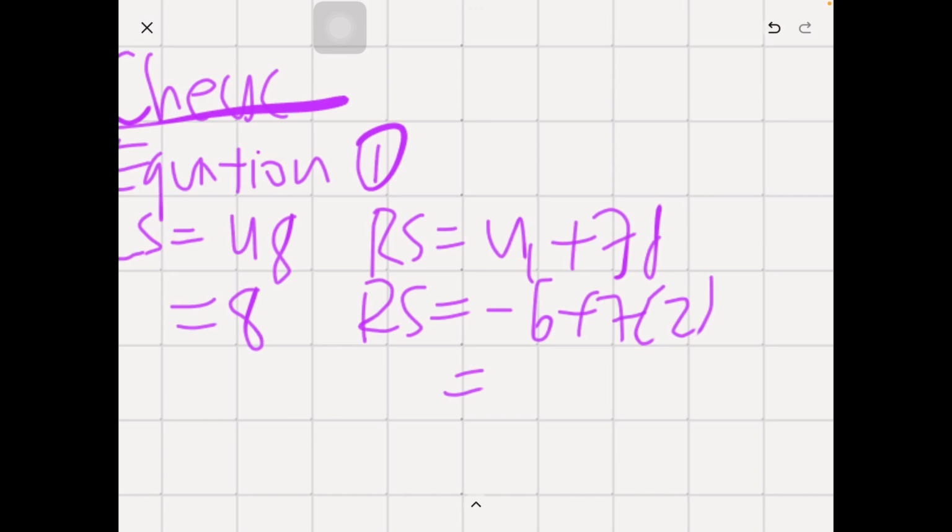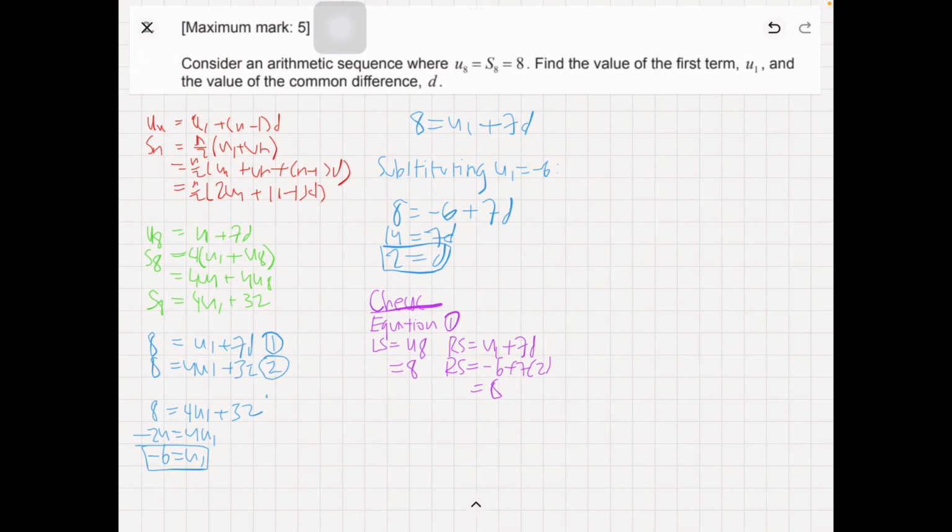So this would also be equal to 8. And you could also check equation 2, but I think checking one equation is probably enough. So I will leave you to check equation 2 for yourself just to make sure that this solution is actually correct.